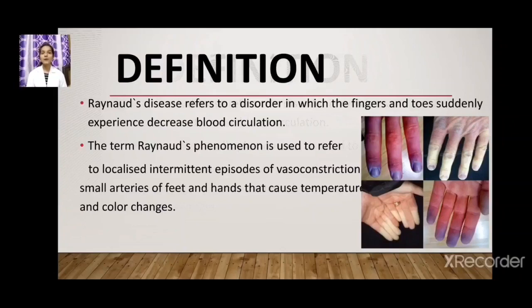The small arteries of the feet and hands get regularly constricted, which results in temperature and color changes in the small arteries of fingers and toes. This disease rarely affects the nose, ears, lips and nipples, and it mainly affects the feet and the hands.